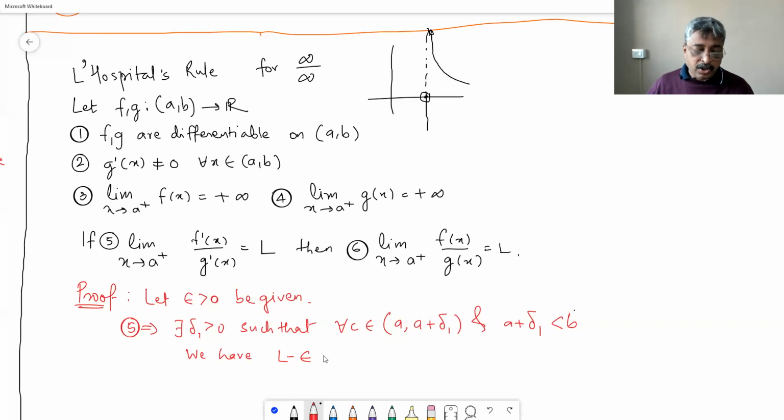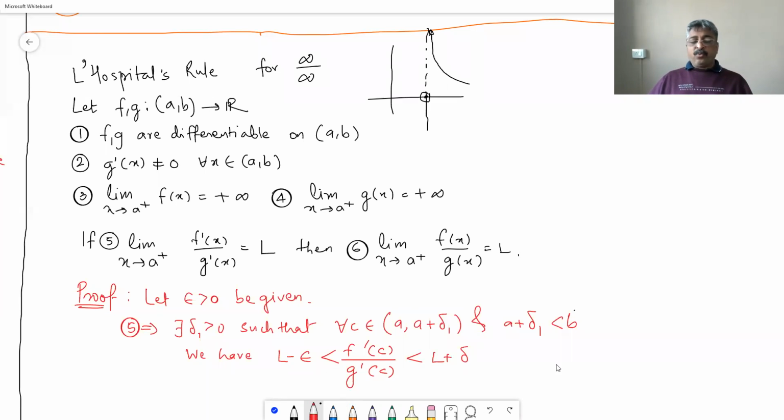L minus epsilon is less than f dash of c upon g dash of c is less than L plus epsilon.